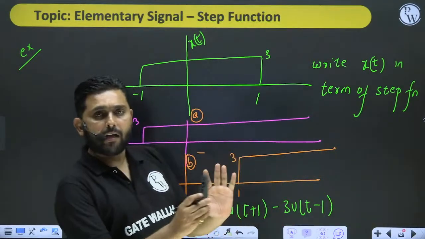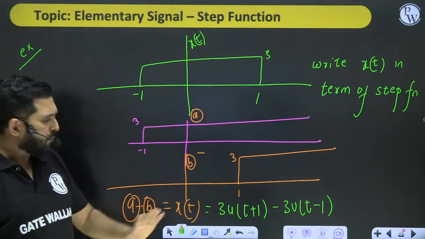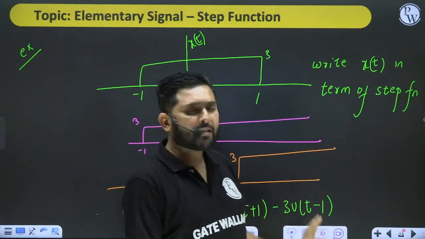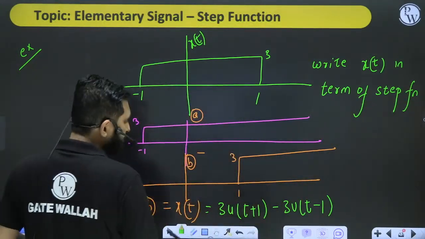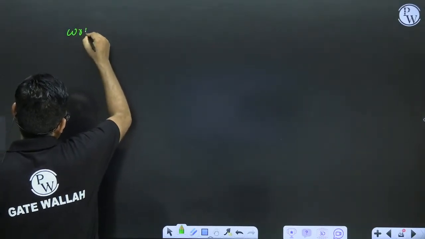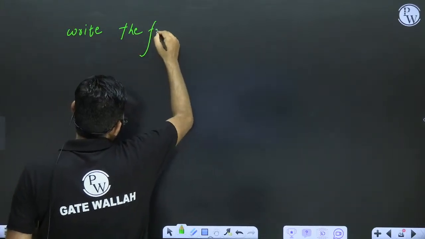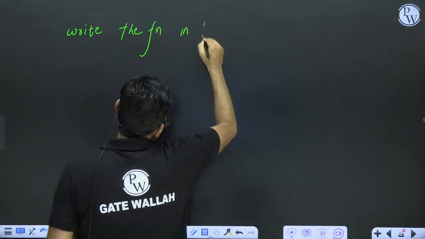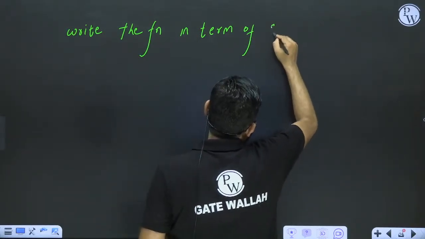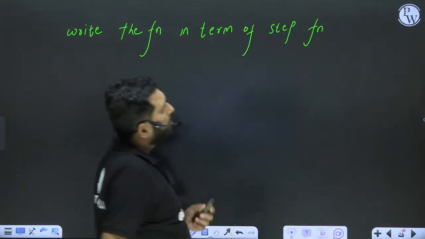Now, why have I given this, though I have covered the same thing in the rect function? Because we now want to synthesize any function with the help of the step function. Suppose, for example, I want to write the function in terms of step functions.